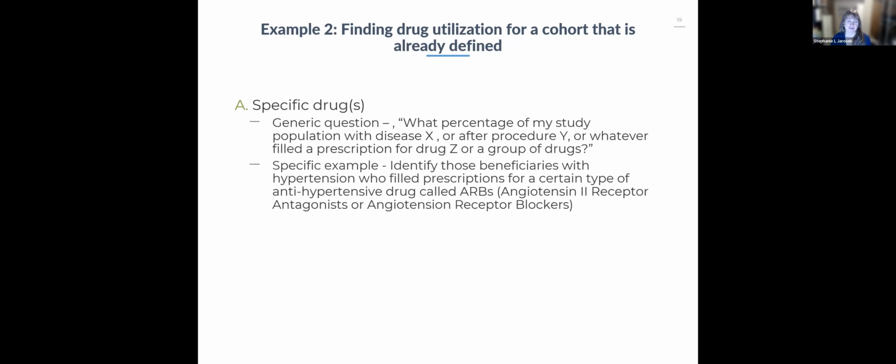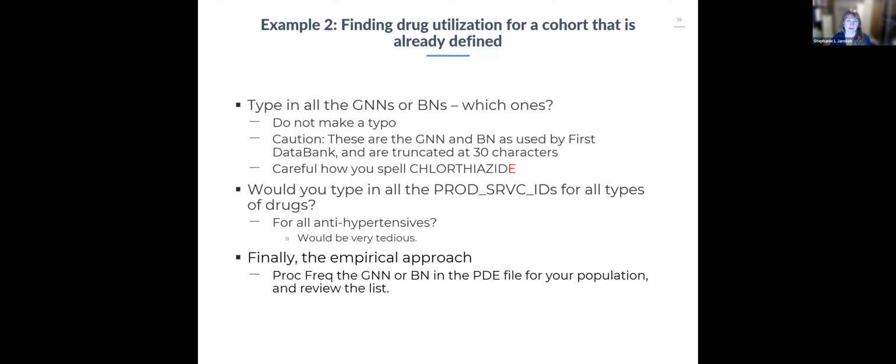And if we looked at beneficiaries with hypertension, for example, and we want to know if they fill prescriptions for angiotensin receptor blockers or agonists, we could try to uncover a list of all the generic names and brand names associated with those drugs that we're interested in. Sometimes that's easy. Sometimes there's really only one drug that's available.